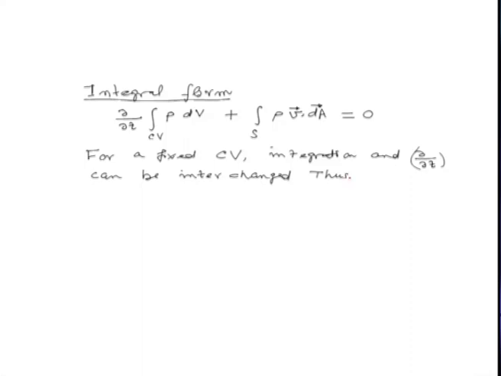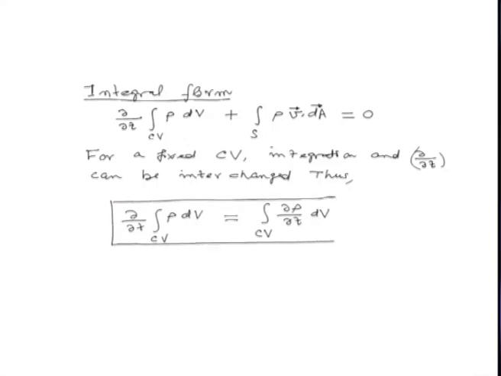Thus we can write del by del t of the integral of rho dV over the control volume as the volume integral of del rho over del t dV. So, this is one part. Next we have a surface integral. Now, let us transform this surface integral into a volume integral.